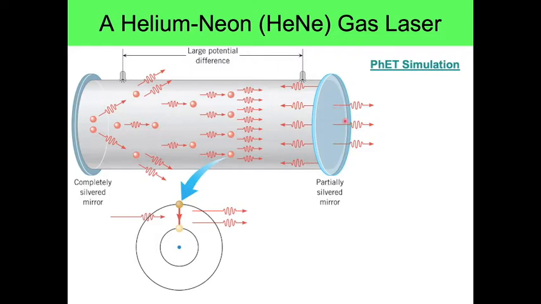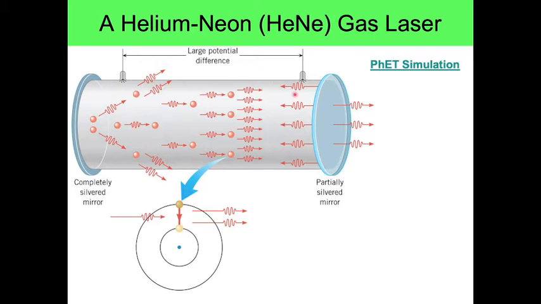So some of the photons can escape, like 30%, 60% or something. You can change that. But the majority of photons are bounced back into the chamber.